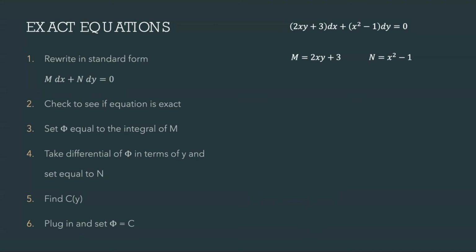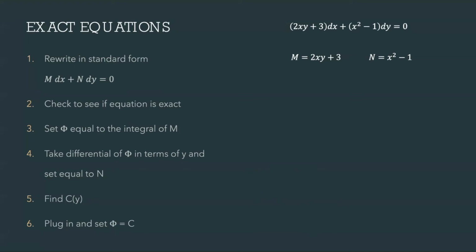On your next exam or quiz that you're given, or worksheet, I would be cautious of pulling out your m and n's because the professor could rewrite the equation where dy could be first and then plus dx instead of the other way around as I've written in this example. So just be cautious and make sure that m correlates with dx and n correlates with dy.